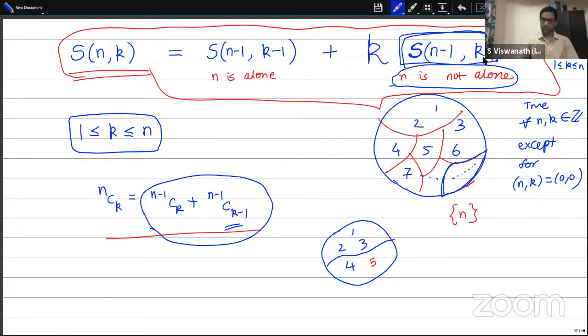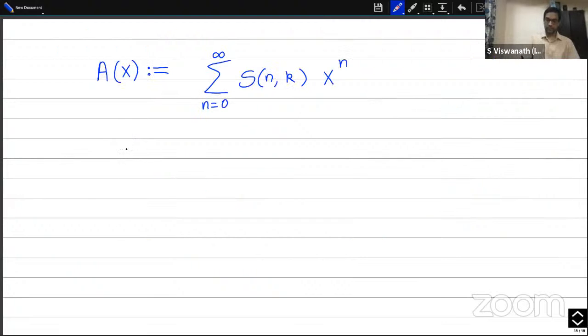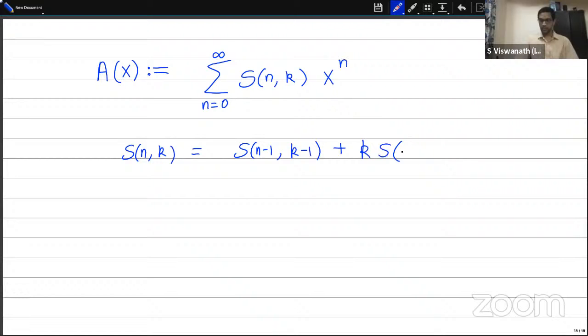So let's look at both sides of this recurrence relation again. Recall S(n,k) is S(n-1,k-1) plus k times S(n-1,k). Okay. Now again we'll do the usual thing. We'll multiply both sides by x^n and sum.